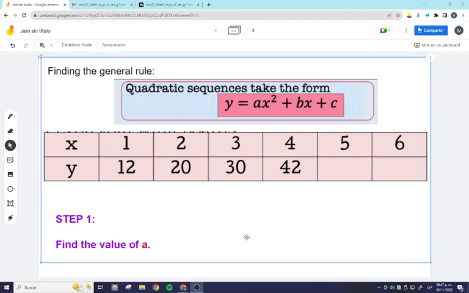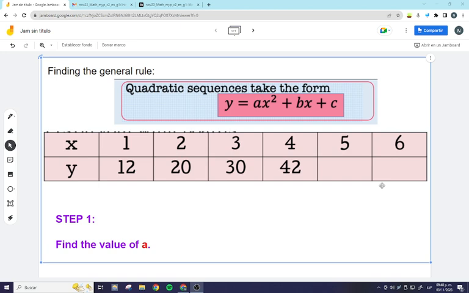Okay, so we are going to solve a pattern exercise using a quadratic sequence, which you can see right now here on the screen.